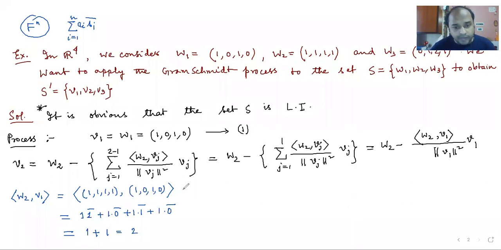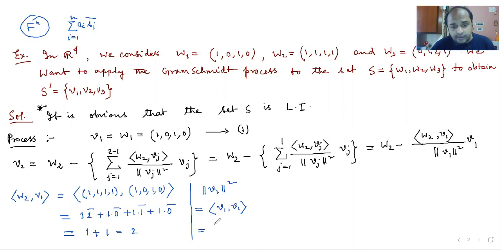And what is norm V1 square? Norm V1 square means the inner product of V1 and V1. Actually, there is always a square root sign, but here the square root will not be there because we have taken the square.